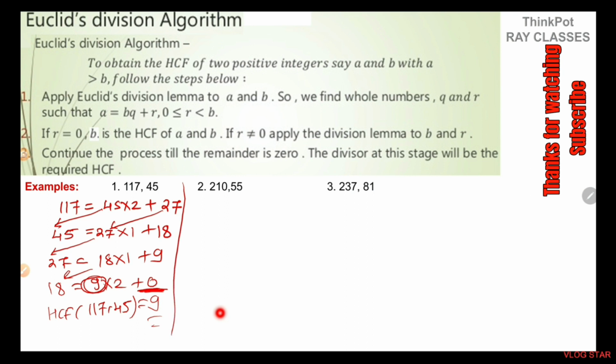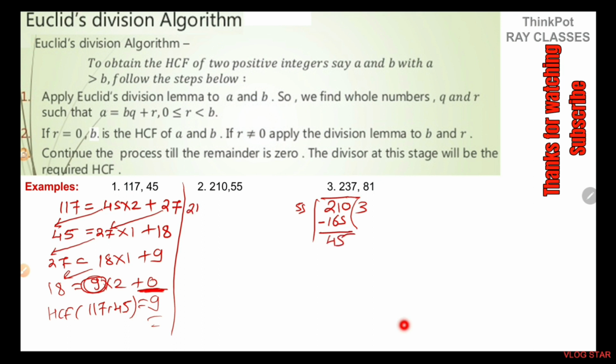Now let's take another example, that is 210 and 55. Suppose you have 210 and you are dividing by 55. Obviously it will go 3 times. You will get 165, and minus, you will get 45.